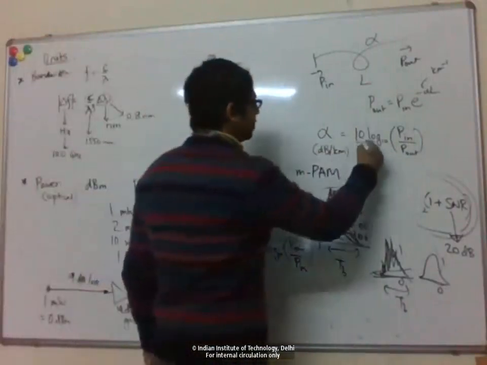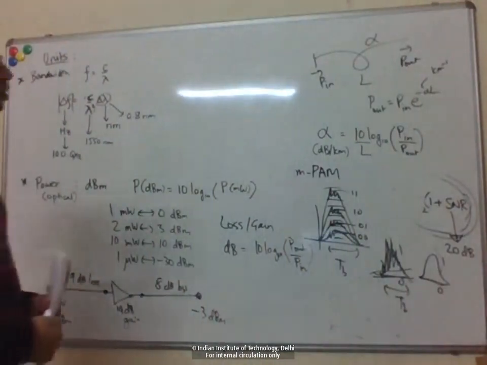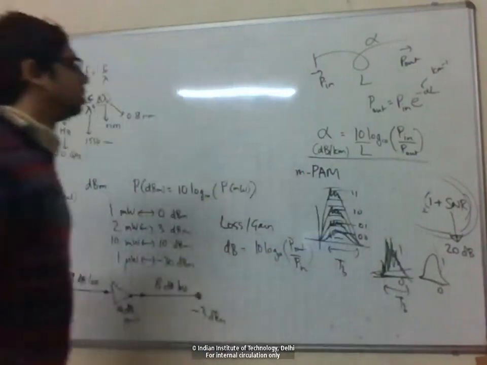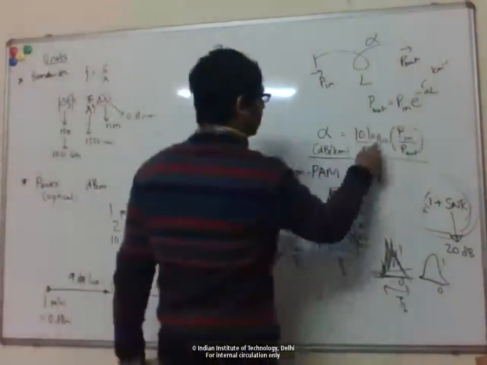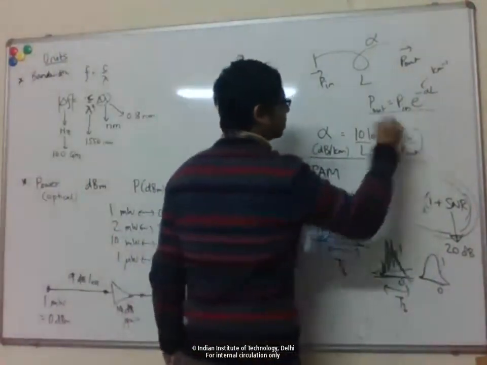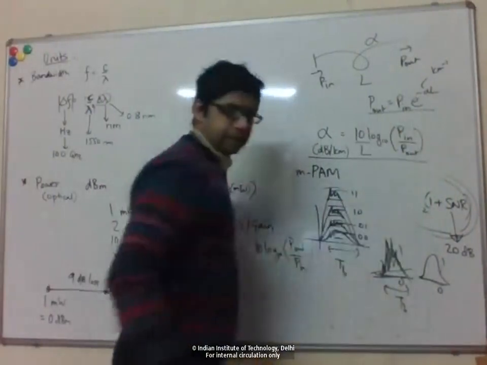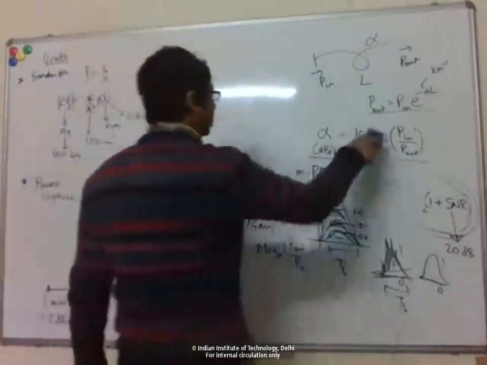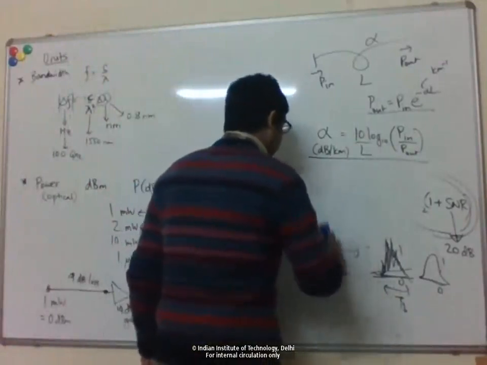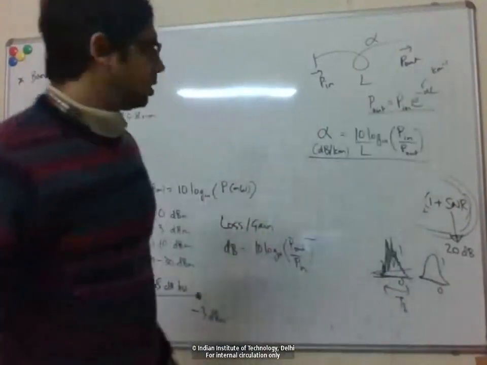So now per unit length, I just divide by L. Okay, so that's how I define the loss in dB per kilometer. So I take the loss in dB and then divide by L. Right? And this P in and P out are related like this. So if you put in this formula here, you can see that there is a numerical, a linear relationship between this alpha in dB per kilometer and then just the natural alpha in per kilometer.